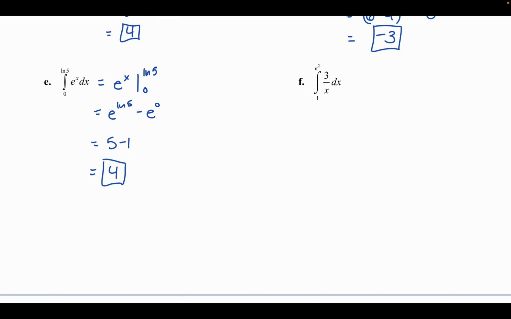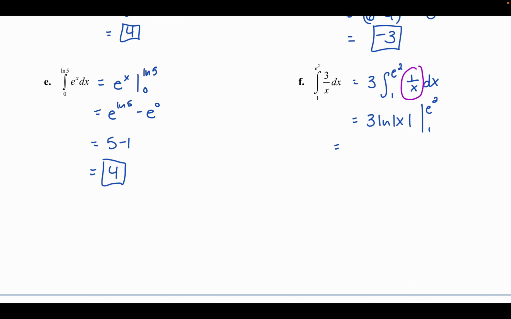Last one, I could rewrite this as 3 times the integral of 1 over x from 1 to e squared dx. For that 1 over x, remember, you cannot use the power rule. This is going to be ln. So this equals 3 times ln absolute value of x, evaluated from 1 to e squared.